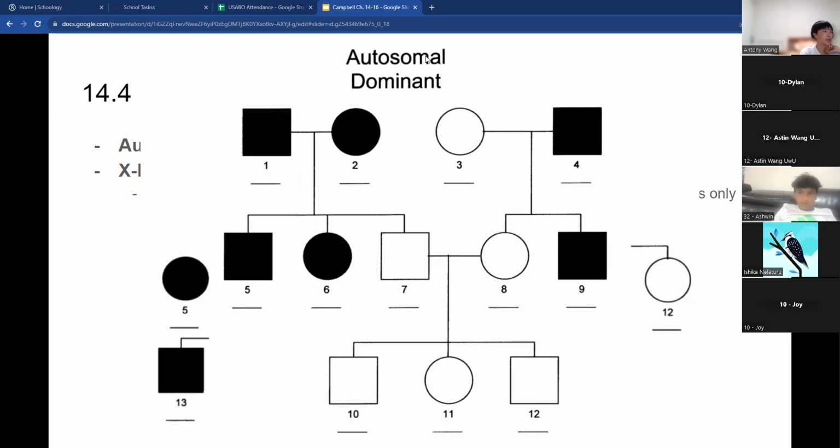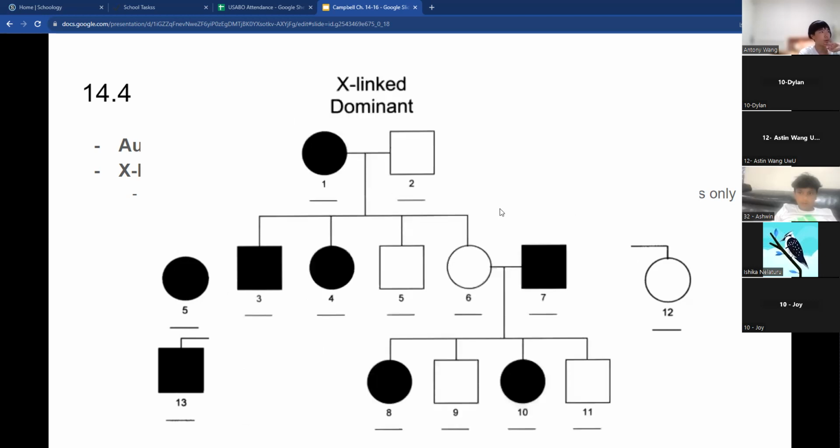But in the autosomal dominant version of a gene, there are a lot more affected second generation individuals, because wherever this autosomal dominant allele is present, the person will have that condition. I think I need to move a bit faster. This is X-linked dominant.